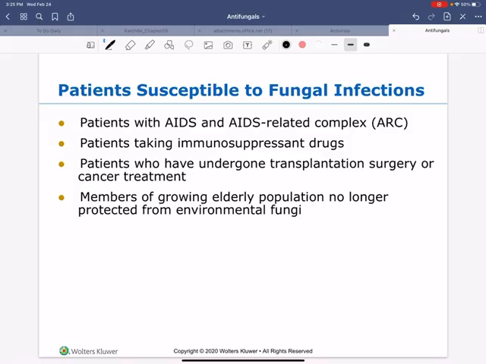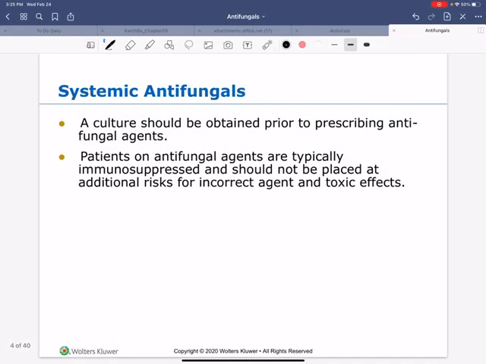Cancer patients, transplant patients, surgery, elderly, anybody can have a lowered immune system. We're even seeing more in younger patients, lowered immune systems due to a lot of stress and things going on in life.